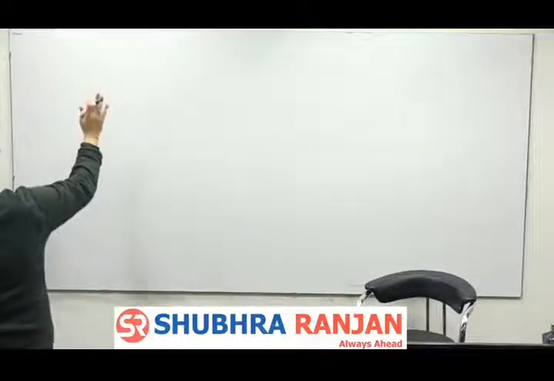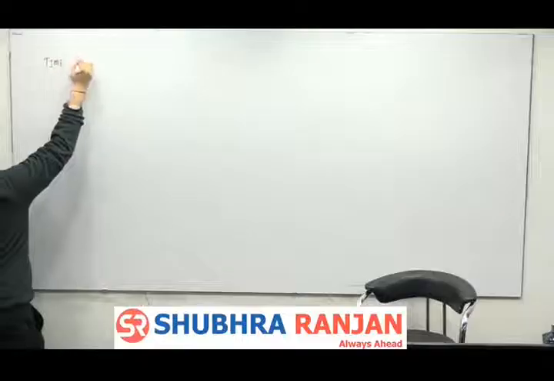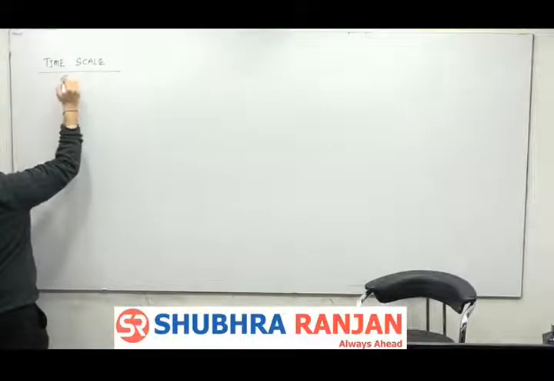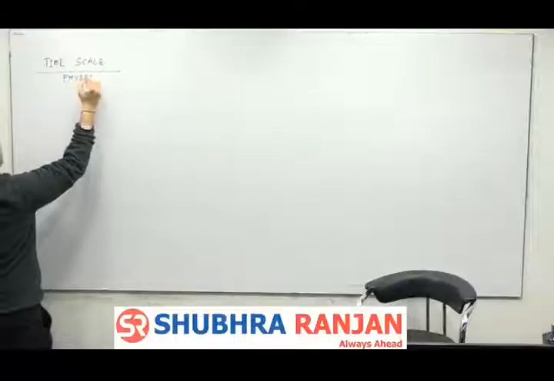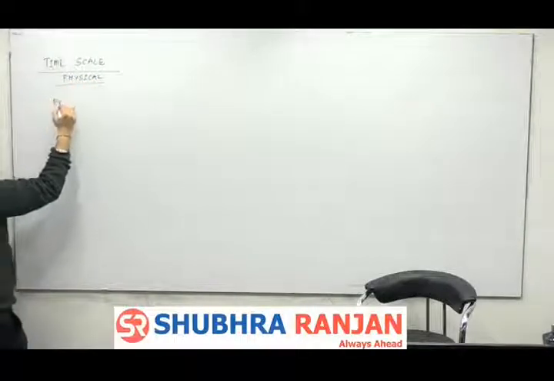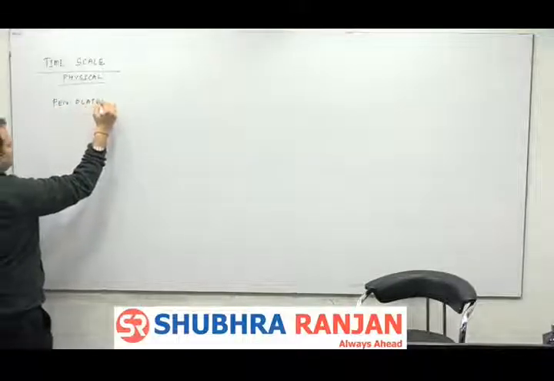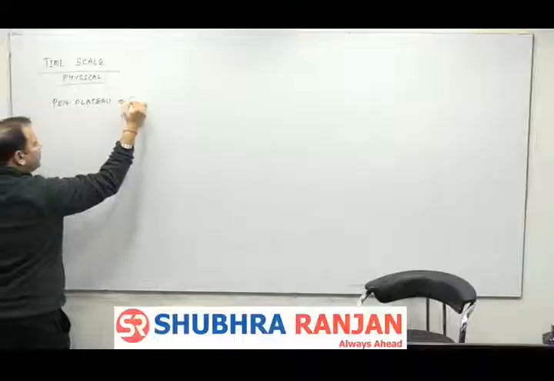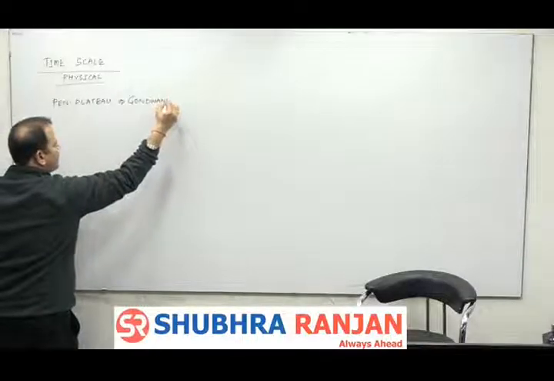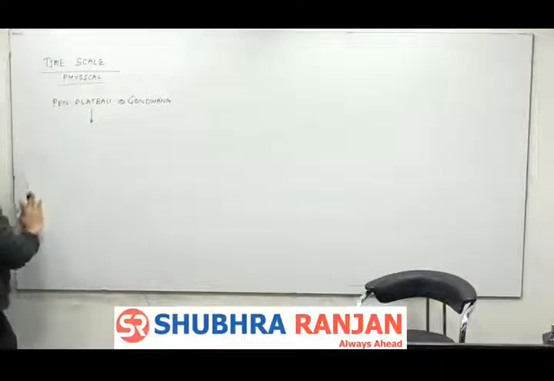Now understand a simple time scale. We'll first do the physical time scale. So initially the peninsular plateau was a part of Gondwana. Then it separated from Gondwana due to convectional currents.